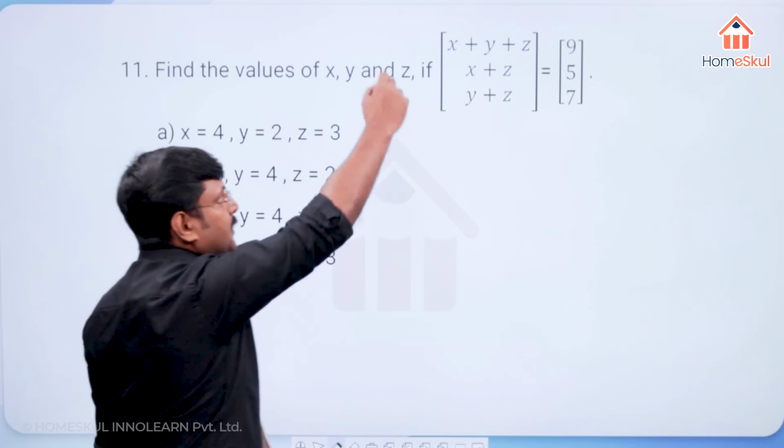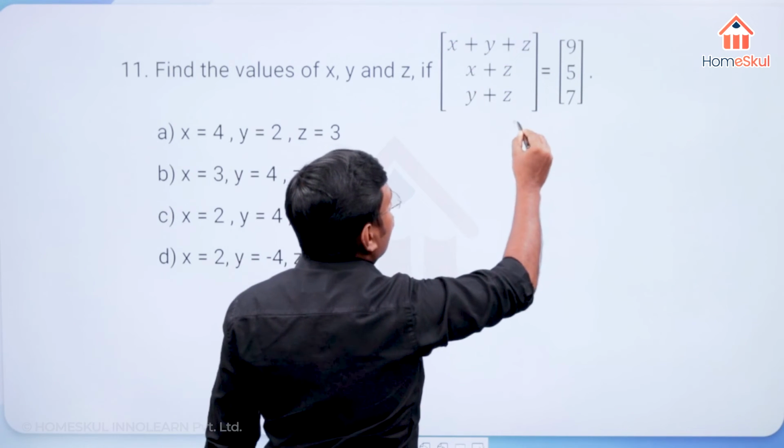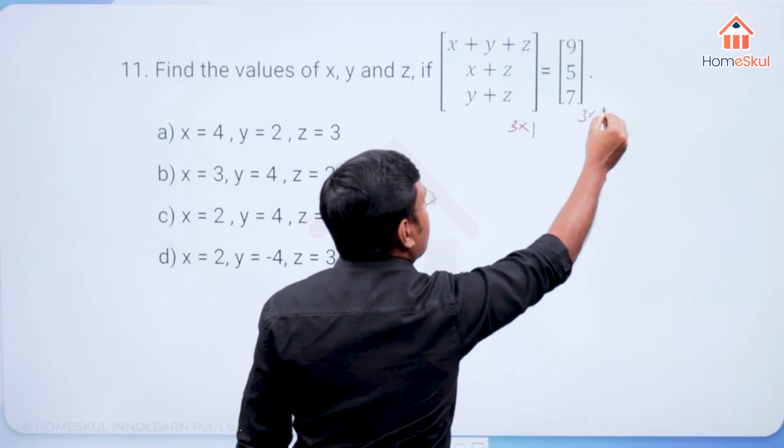Actually, this is a matrix of order, it has 3 rows and 1 column. It's a 3 by 1. This is also a 3 by 1 matrix.